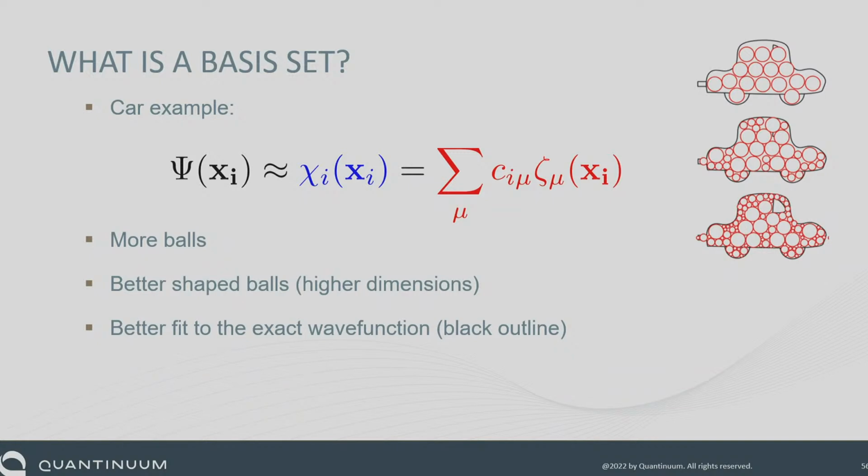If you have different shaped balls, so typically you have different angular momentum shapes as well, you get a better fit to exact wave functions. So there's a huge amount of research in quantum chemistry into building basis functions for different things. So, for example, you might have STO-3G, 6-31G, double zeta basis sets, things like that.